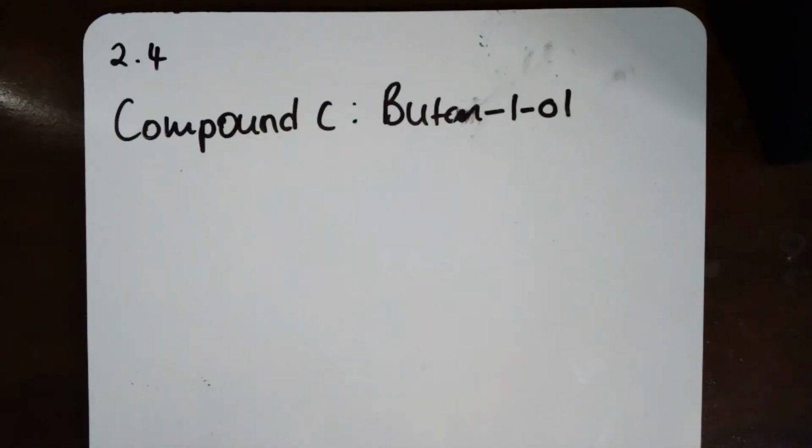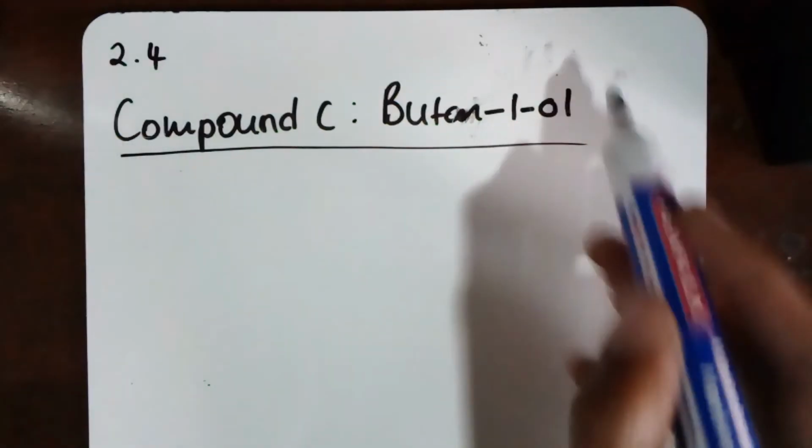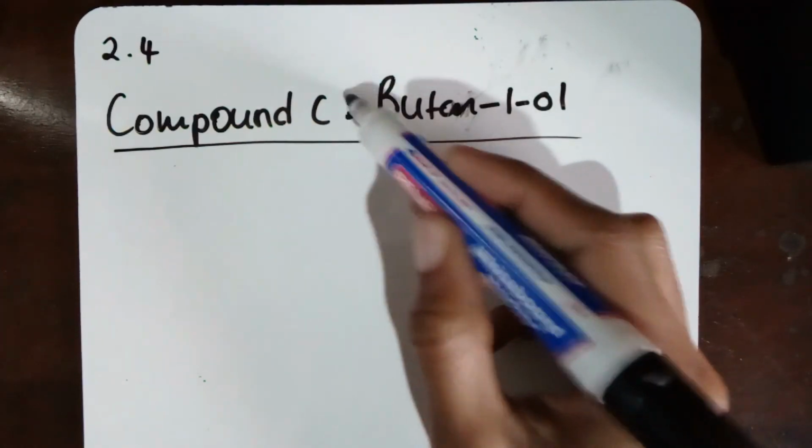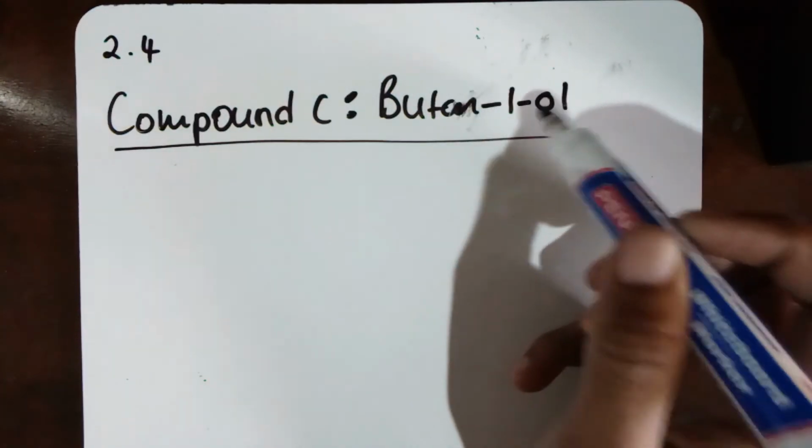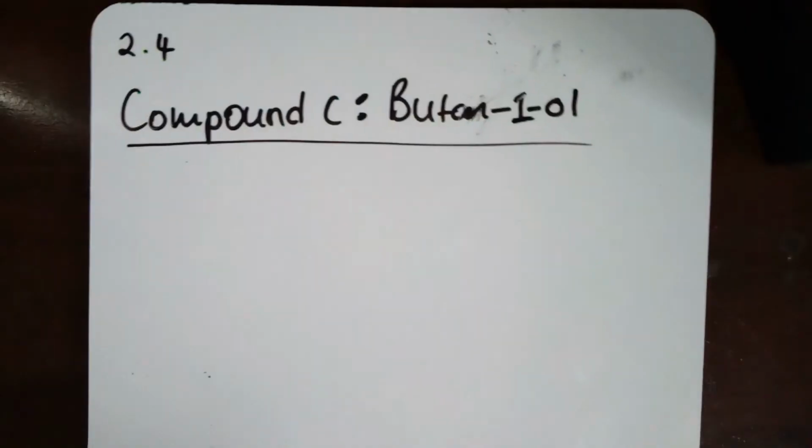From the table that was given, we know that compound C has the IUPAC name butan-1-ol. So that's not an I, that's a 1.